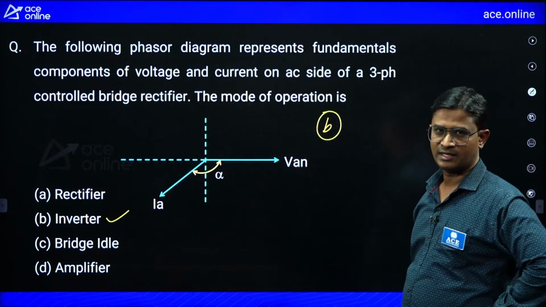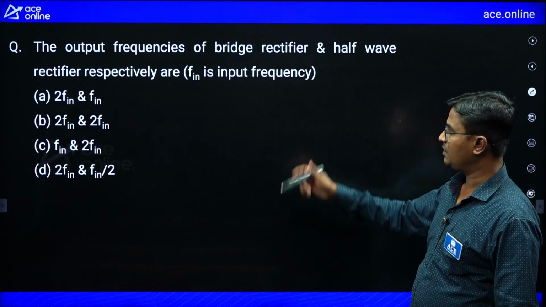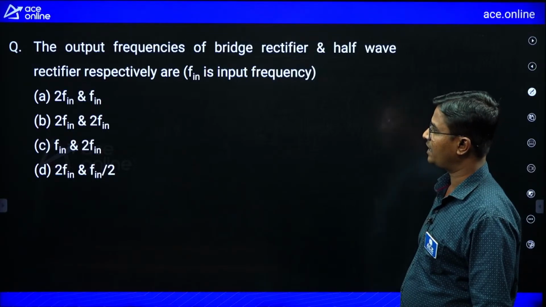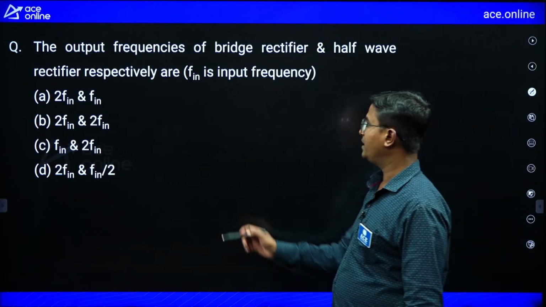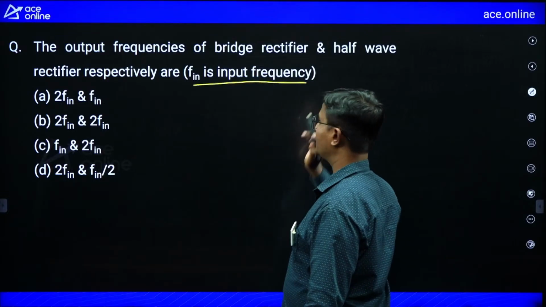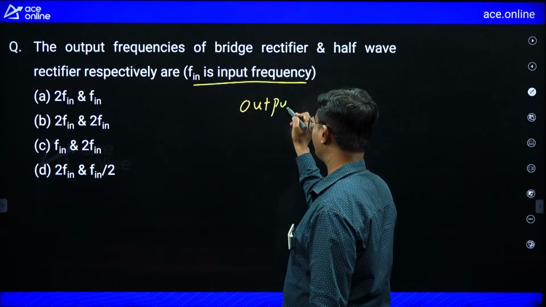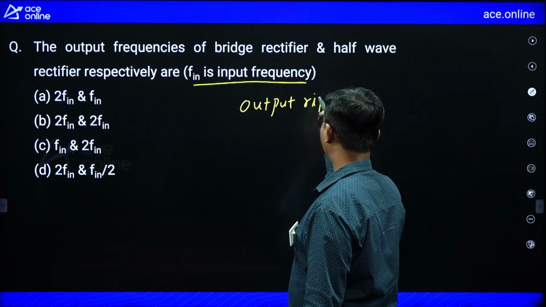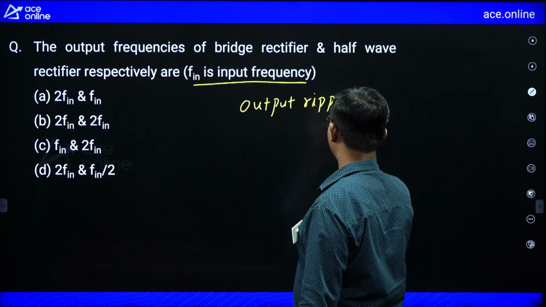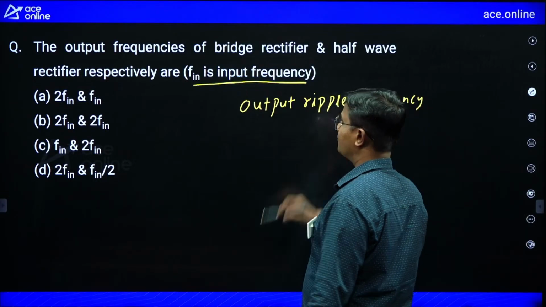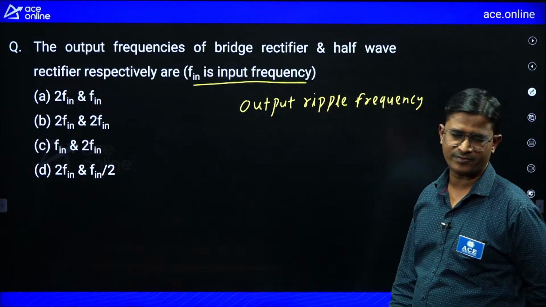Next, the output frequencies of a bridge rectifier and half-wave rectifier respectively are, where Fin is the input frequency. They are asking output frequency, meaning output ripple frequency. Tell me what is the output ripple frequency. First is for the bridge rectifier.